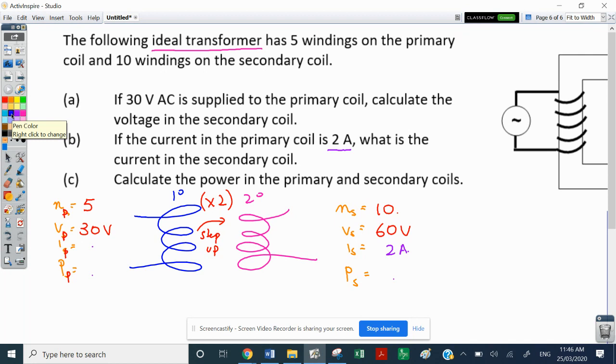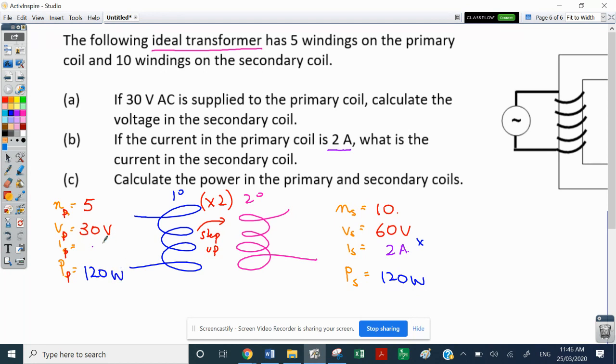Welcome back. I hope you've had a go at trying to fill in the last 3 values. Going over to the secondary, the power in the secondary coil would be 120 watts because you just multiply these two together. If the power in the secondary coil is 120 watts, going backwards, this must be 120 watts here.